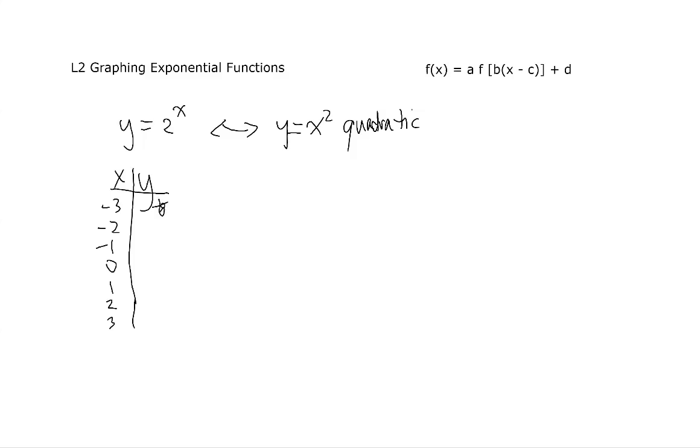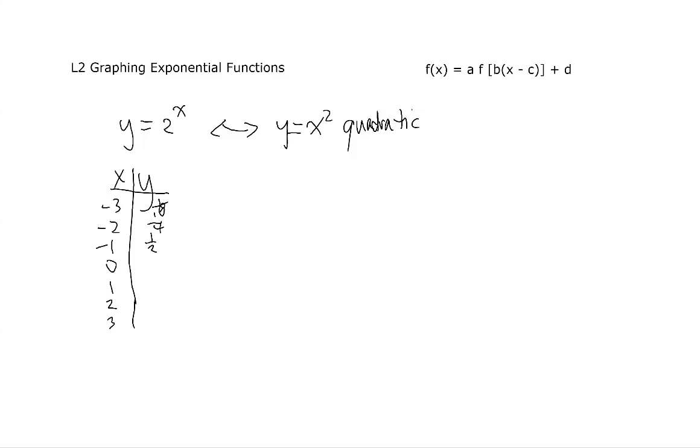So it's a very small number. When x is negative 2, plug it into y equals 2 to the x, that is 1 over 4. When x is negative 1, that is 1 over 2. Using our exponent rules, these ones are a little bit easier. A lot of you should already know the negative exponents are fractions because we learned that.